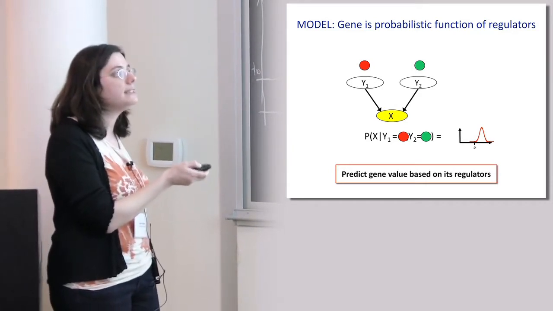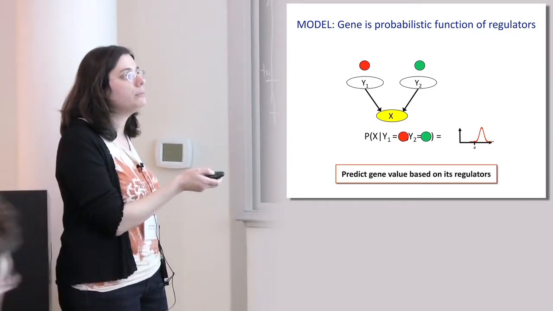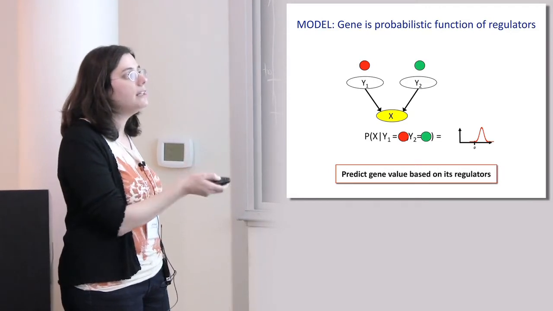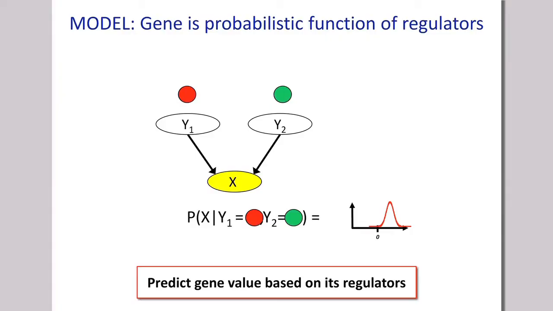We're discretizing, say, the level of one regulator went up and the level of the other regulator went down, and we might represent this probability function as a Gaussian. Okay? So in this case, what we're saying is that conditional that this regulator went up and this regulator went down, this is going to be somewhat shifted away from zero, so maybe the gene is being induced.